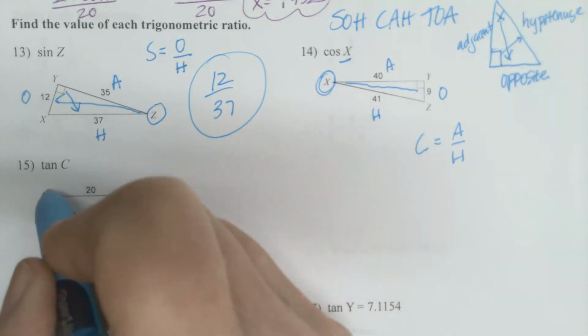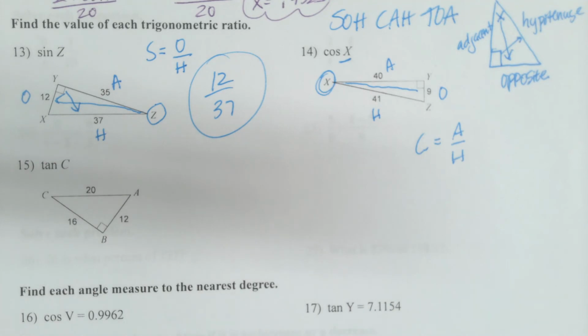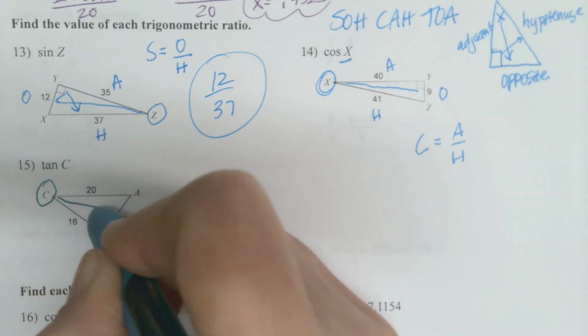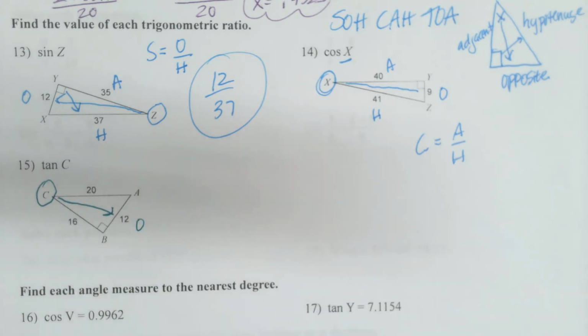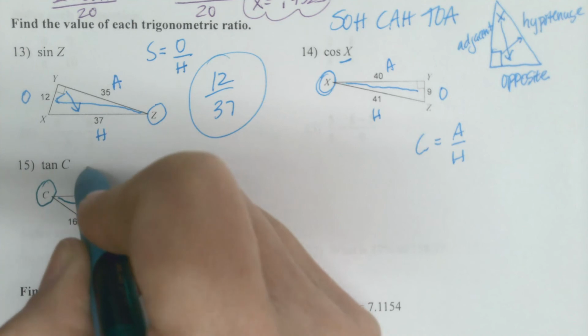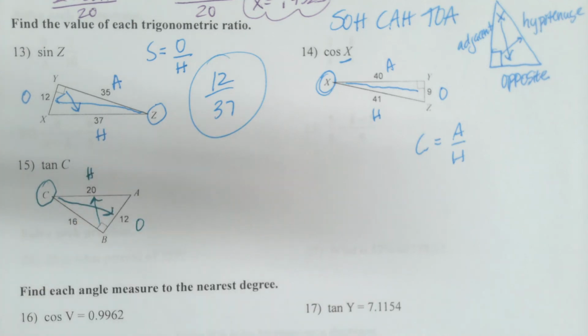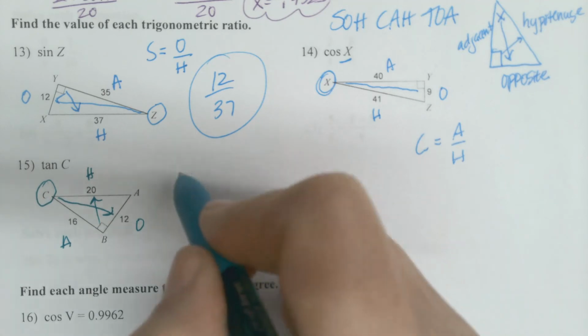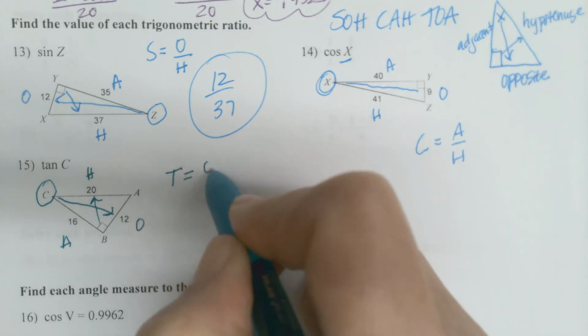Tangent of C. Across from C is the opposite. Across from the right angle is the hypotenuse. The remaining one is the adjacent. Tangent is opposite over adjacent.